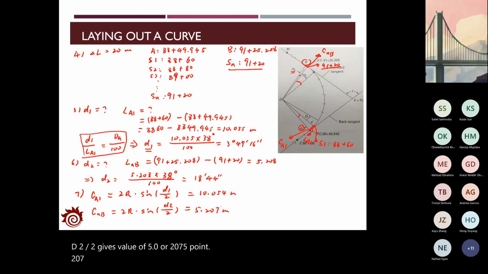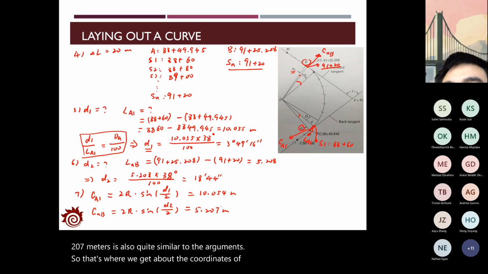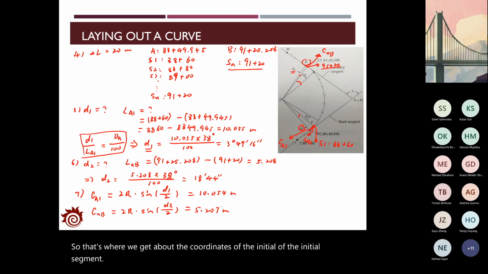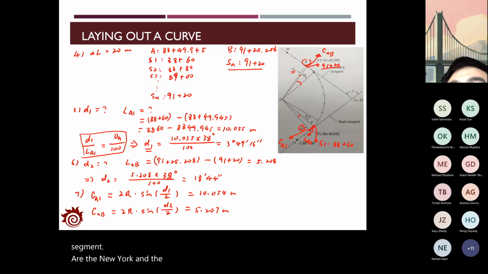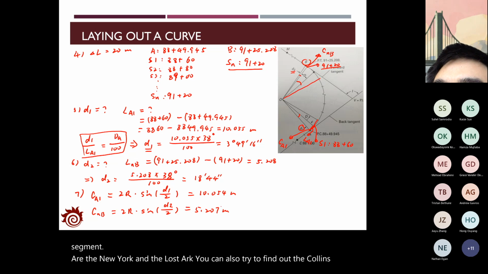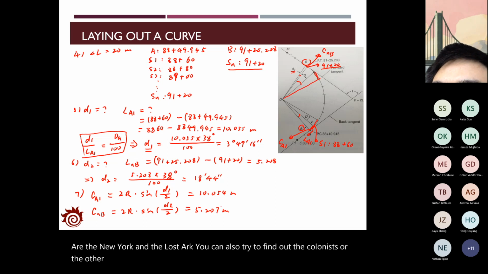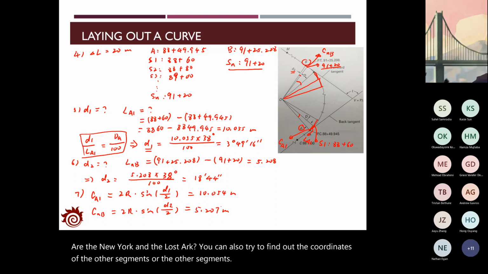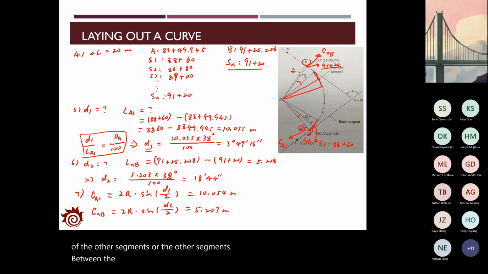It's also quite similar to the arc length. So that's what we get about the chord length of the initial arc and the last arc. You can also try to find out the chord length of the other segments between the substations along the curve.